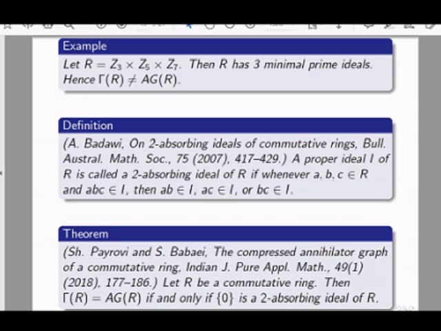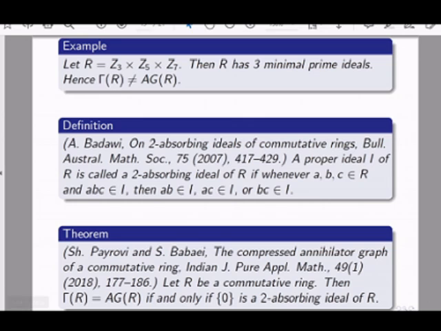Because in a prime ideal, if you have a product of two in I, then one of them has to be in I. So a generalization of this is what we call two absorbing: if a product of three elements is in I, then a product of two will be in I. Okay? And what does this have to do with the graph?